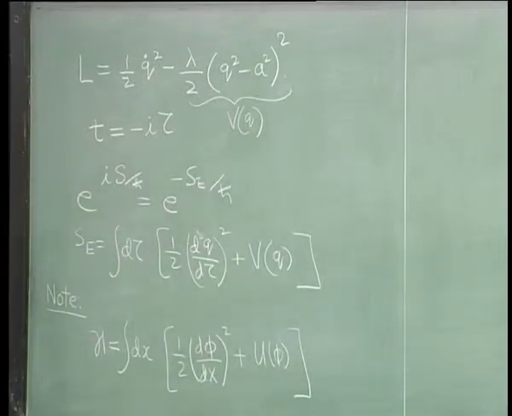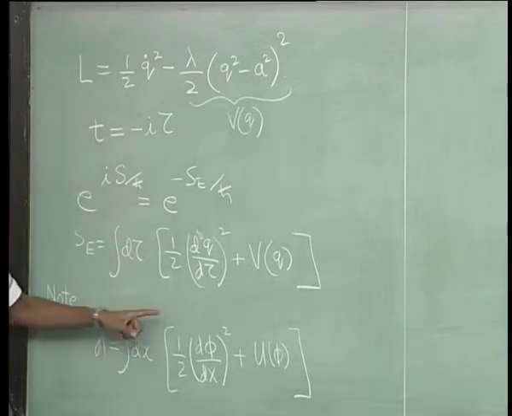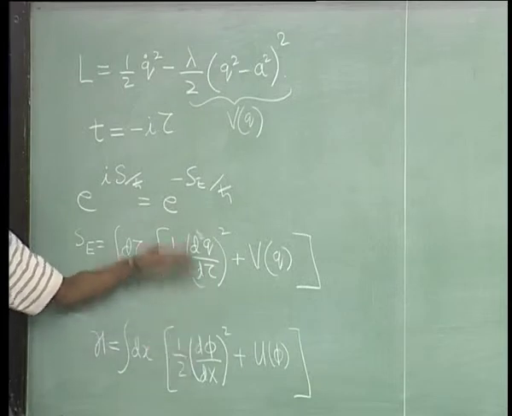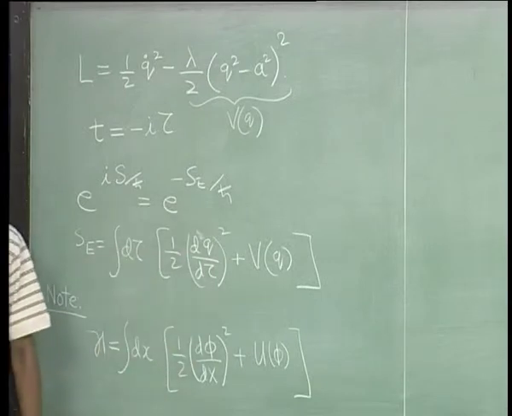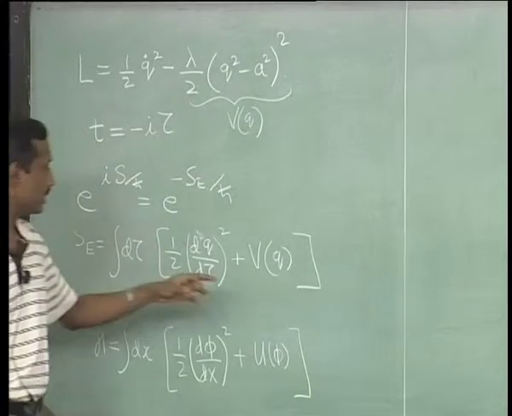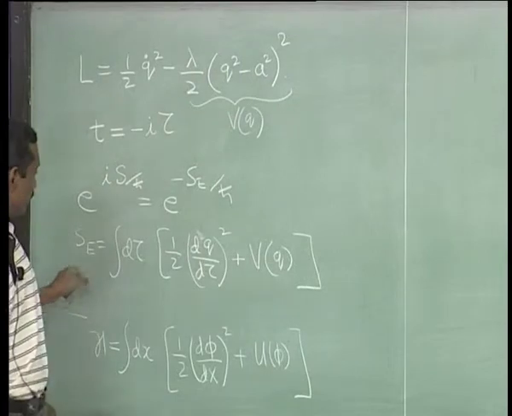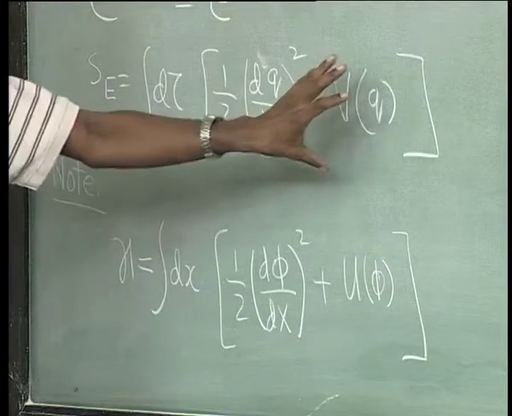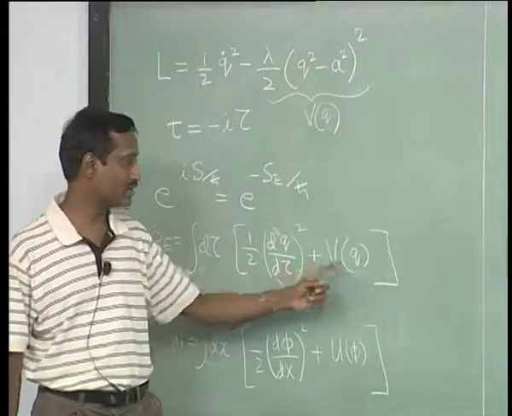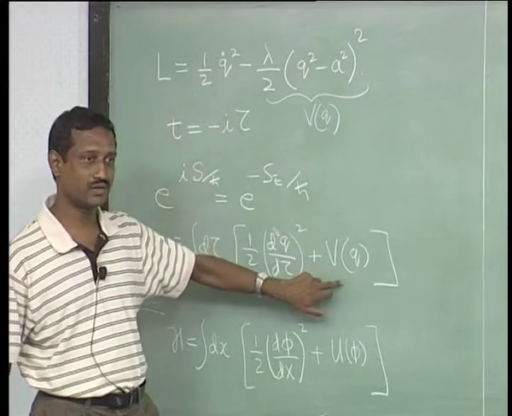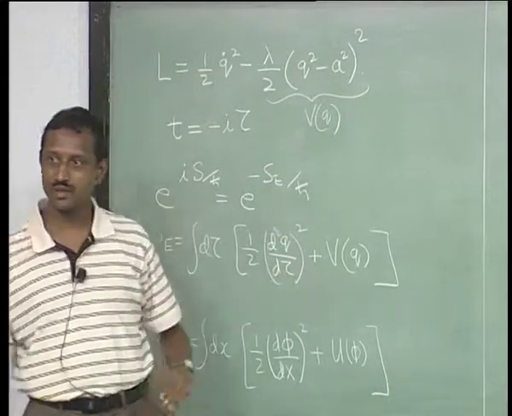So you can see that if I identify tau with x and q with phi, these two actually look the same. The idea was to look at a tunneling solution, for which this would be the Lagrangian. You can see that the Lagrangian is just T minus V in this setup, so it corresponds to a potential which is inverted, relatively speaking.